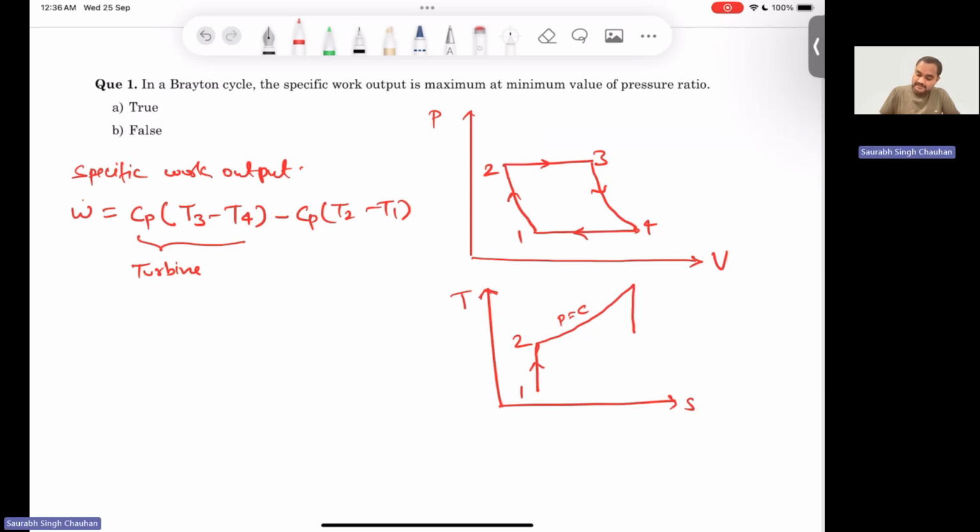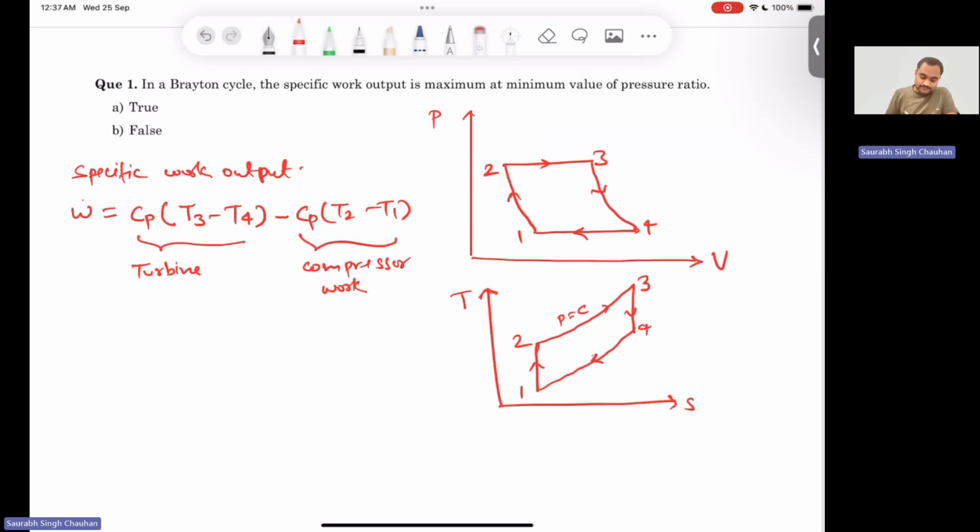Then isentropic expansion in turbine, and then there is heat rejection. So this part is compressor work. The net work output that you are getting is this first term minus this second term. That is your specific work output.